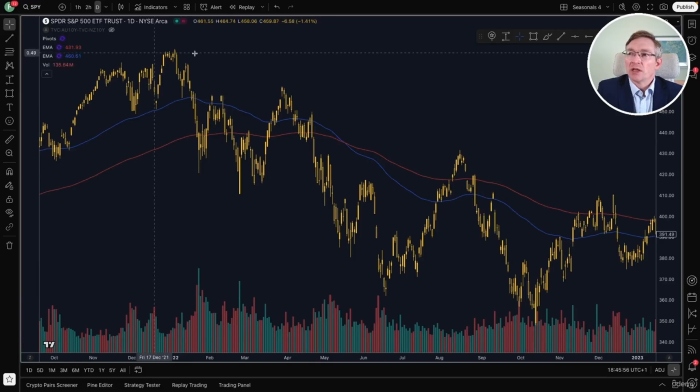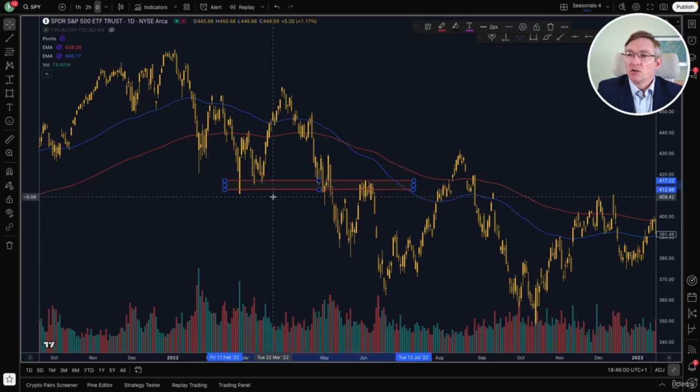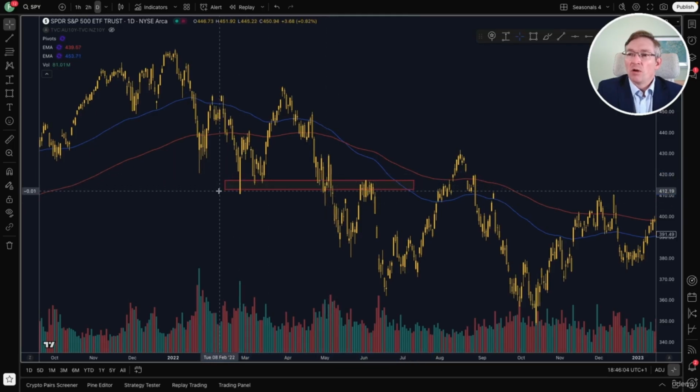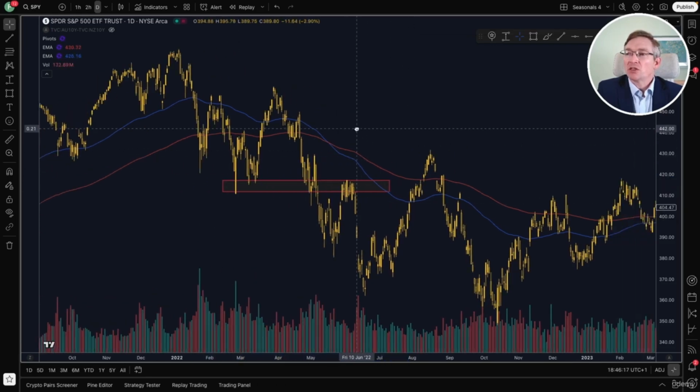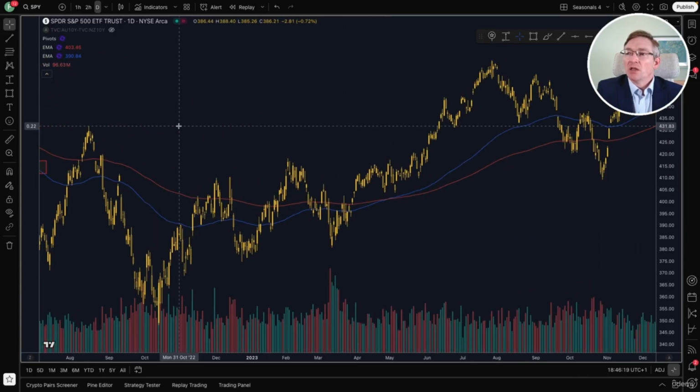So if you look here, you can see these lows. Support, support, support, breaks. That old floor becomes what? Becomes a new ceiling. So this role reversal level happens all the time. It's such a common phenomenon. You'll see it all the time.